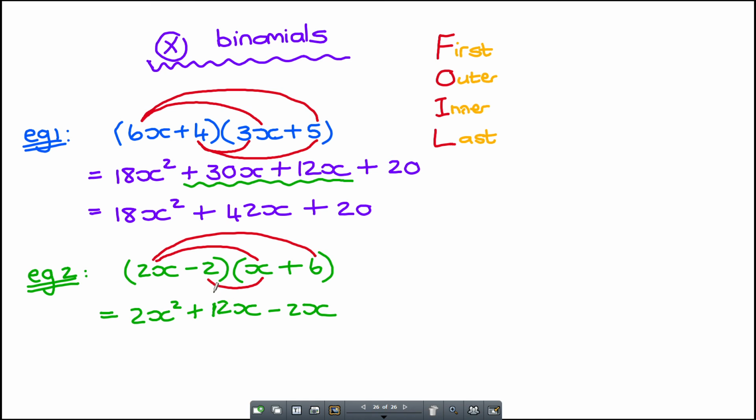And then last, minus 2 times 6 will give me minus 12. Okay, now we just got to simplify those middle two. So 2x squared plus 10x minus 12. Everyone good? Is there anyone still a bit unsure of what to do here?